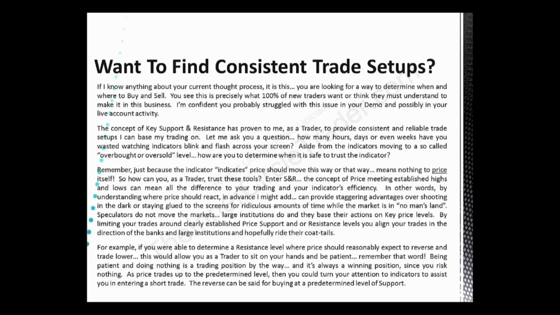Without having reference points to deem as support or resistance, you're not going to have any measurable way of determining a consistent approach. You have to be looking for the same types of thing over and over again. Otherwise, you're gambling, looking for a different result doing the same thing without a sound plan in place and without looking for consistently reoccurring patterns that occur around support and resistance. That's the basis for finding consistent trade setups.